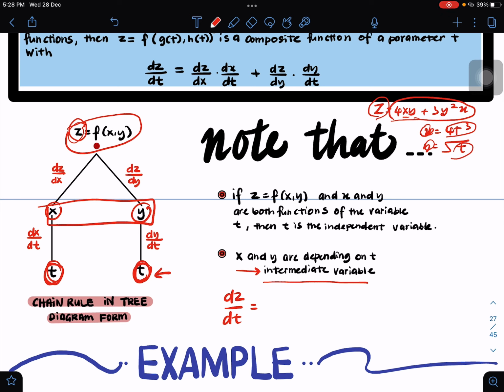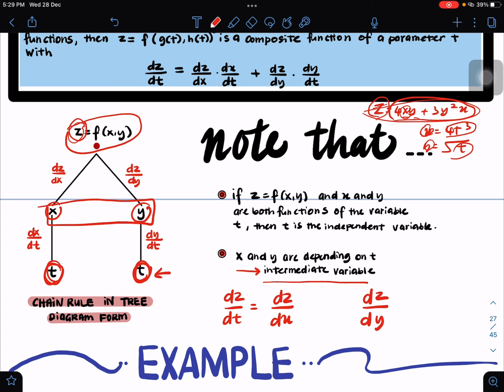We want to find dz/dt because z is the dependent variable and t is the independent variable, but you cannot get it directly from the function of z. From the function of z, you can only get either dz/dx or dz/dy, by differentiating z in terms of x or in terms of y.